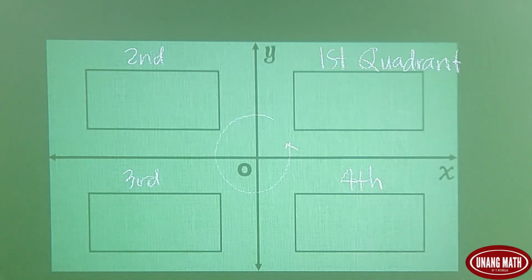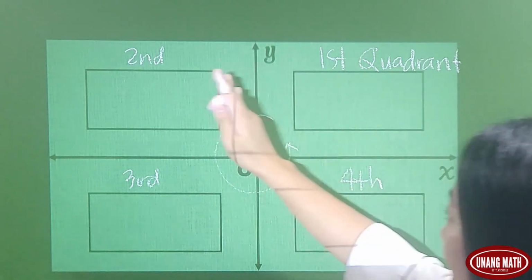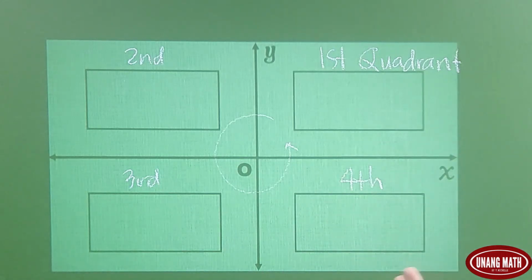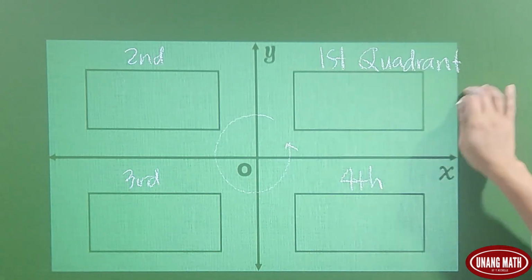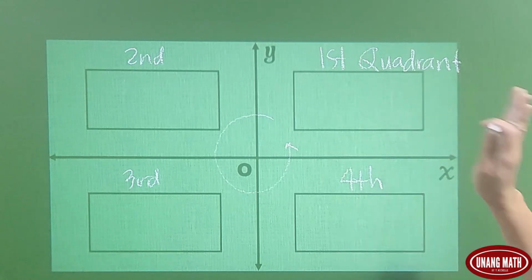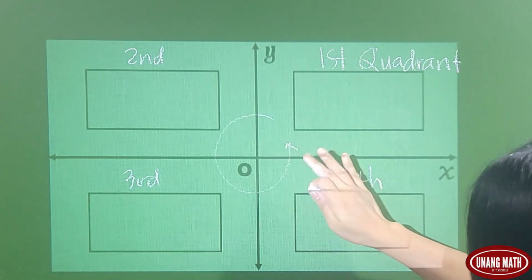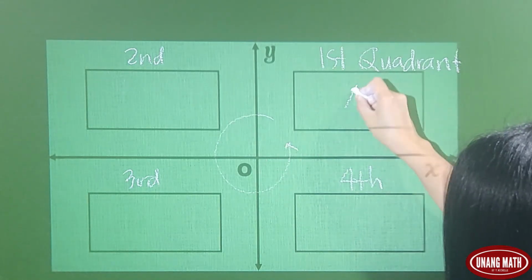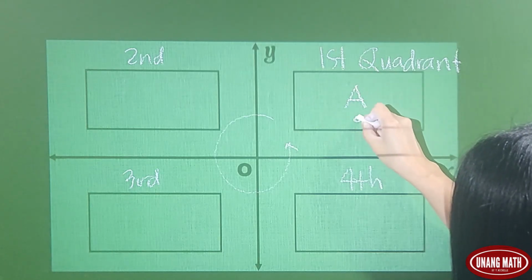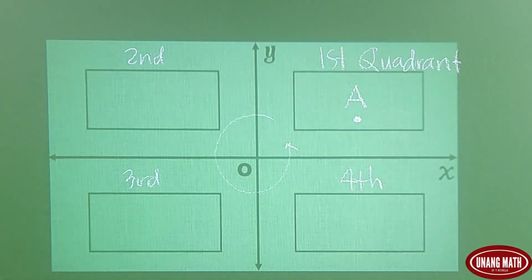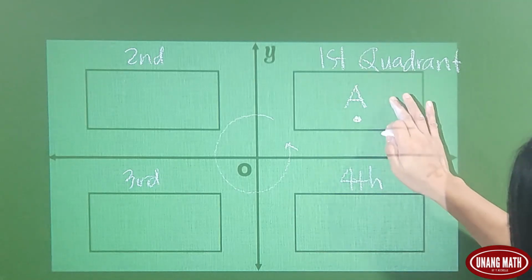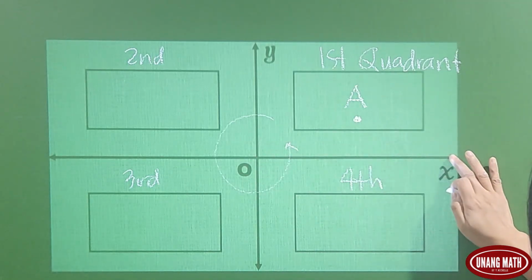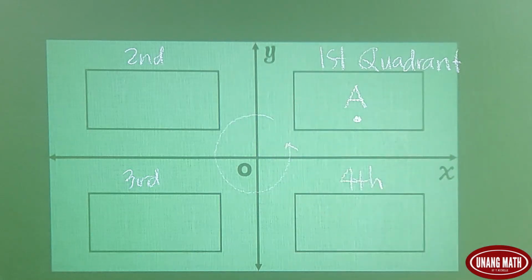Okay, this time, what is the sign of each coordinate in each quadrant? Let's find out. Let's start in the first quadrant. We all know that in naming a point, let's say for example, this is point A, we need to get the x-coordinate and the y-coordinate.